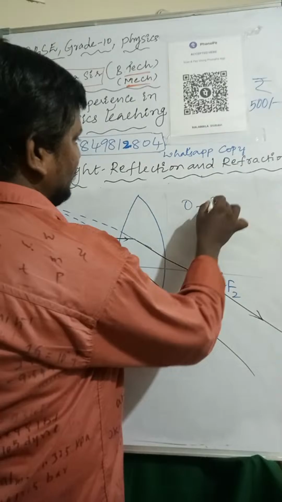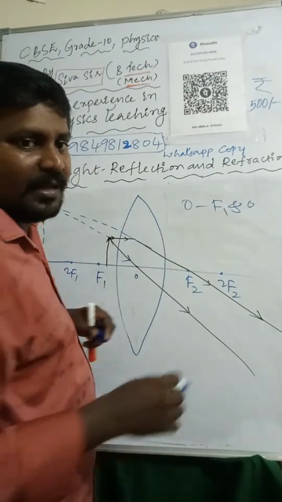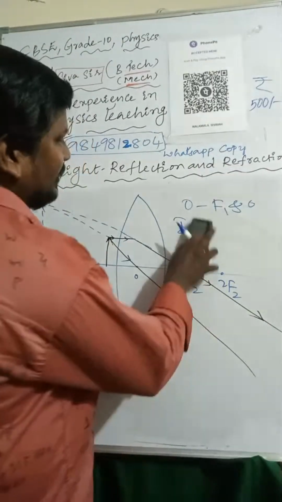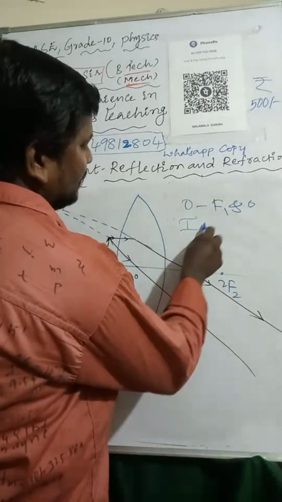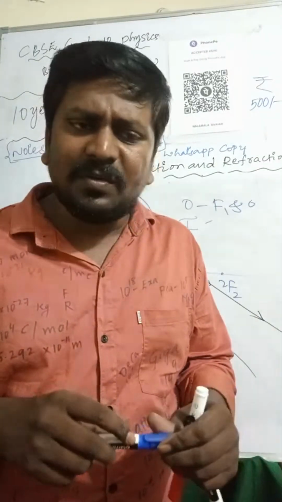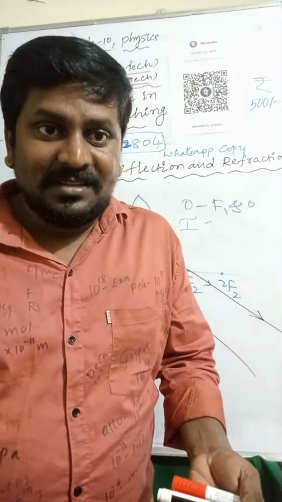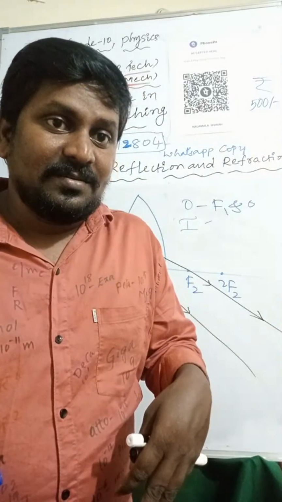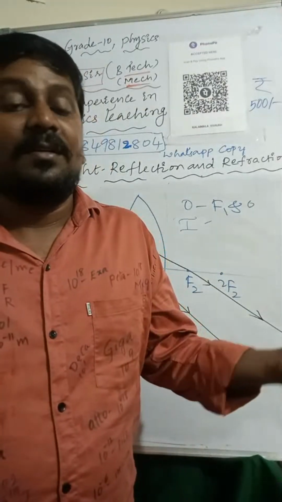The object is placed between F1 and O. The image will form on the same side of the object. Coming to the nature of the image, it is very important.